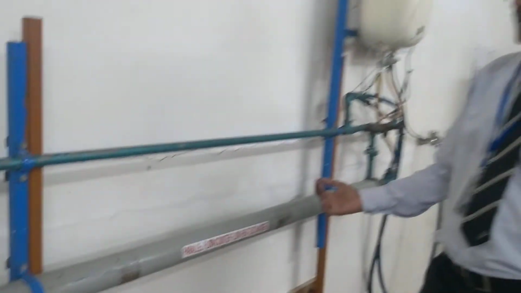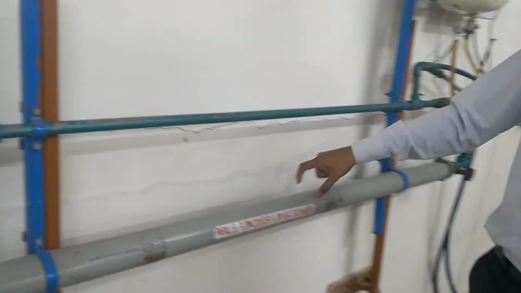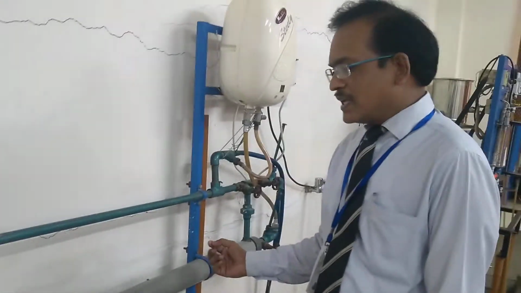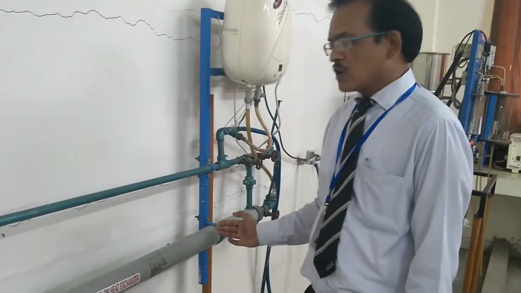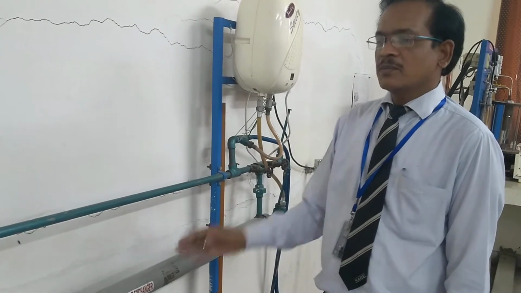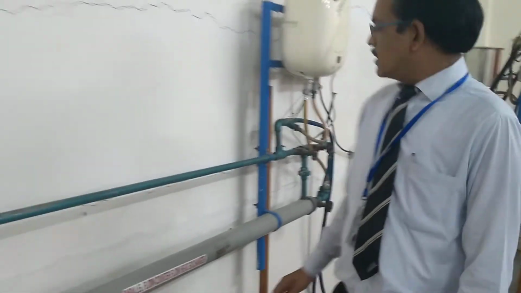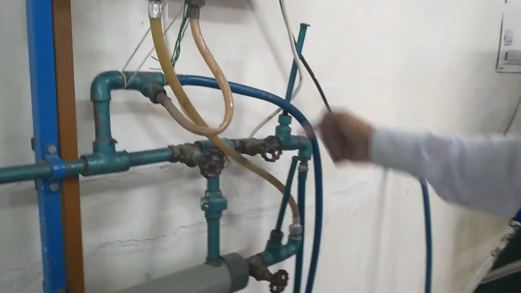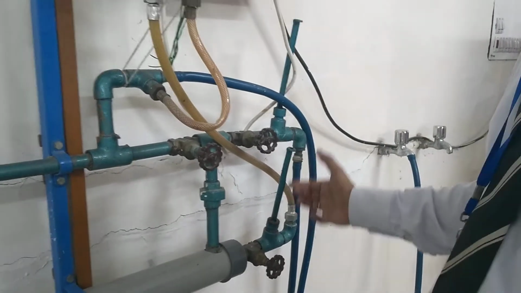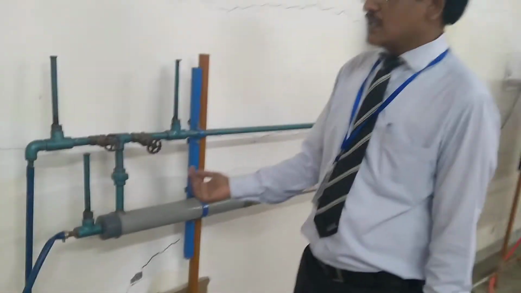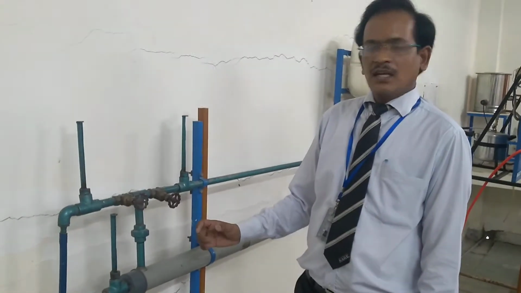heat does not go outside, and inside this structure is the annular pipe. There are two pipes: the inner pipe through which the hot fluid flows, and surrounding it another space in which the cold fluid flows. There are different slots for measuring the temperature of the water entering the pipe at the inlet side, depending upon whether it is the parallel flow or the counter flow type.